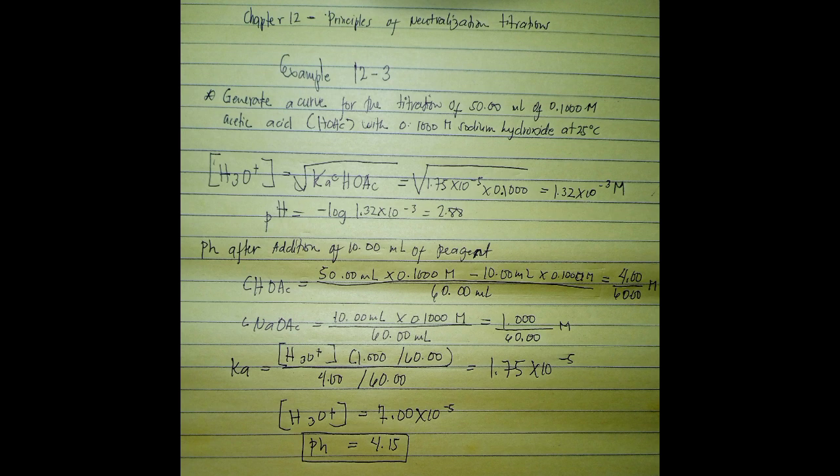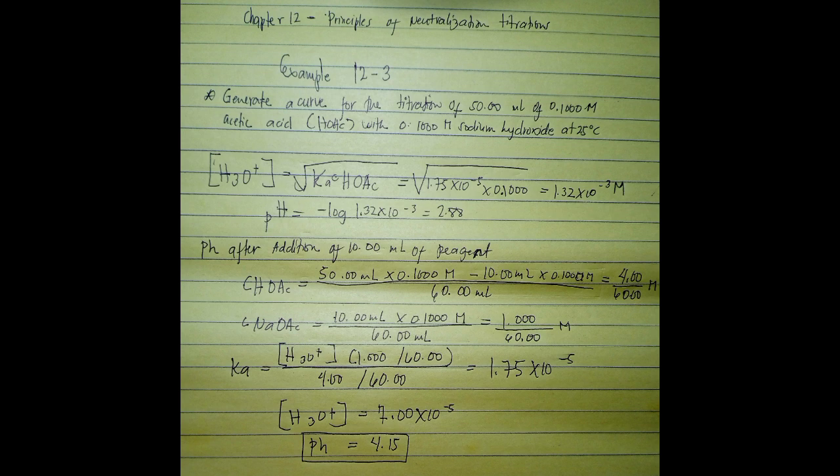So for the acetic acid, we have 50.00 ml times 0.1000 M minus 10.00 ml times 0.1000 M, over 60.0 ml. So the result is 4.00 over 60.00 mole.